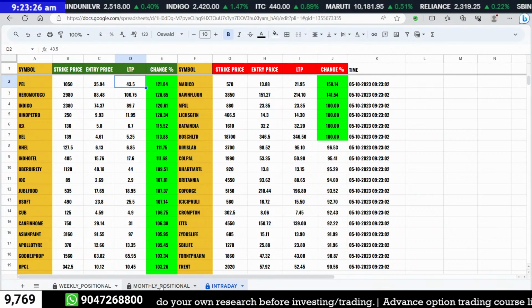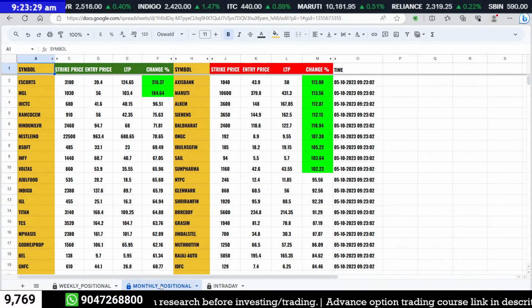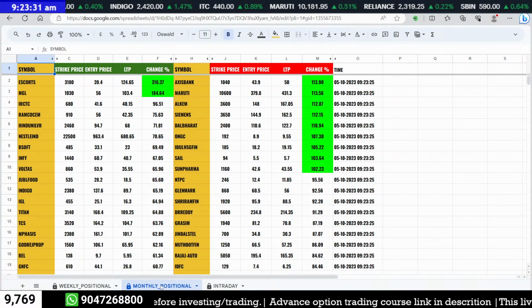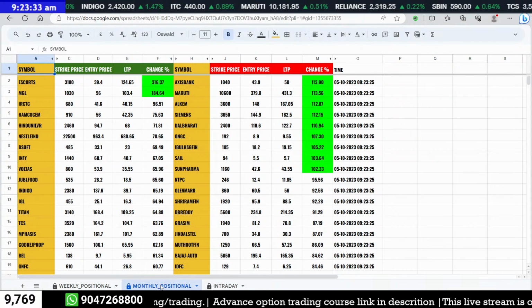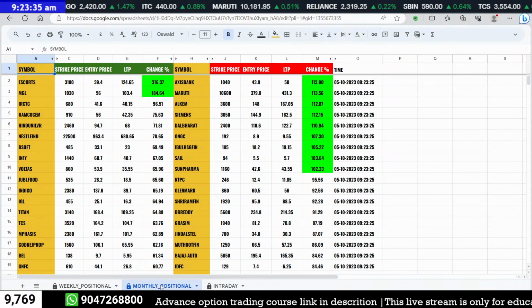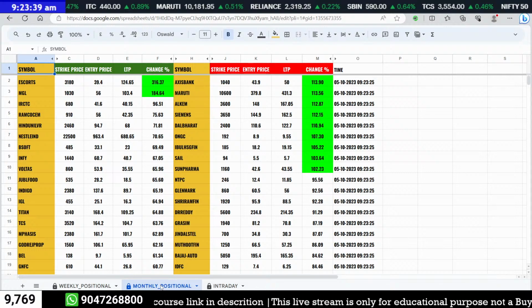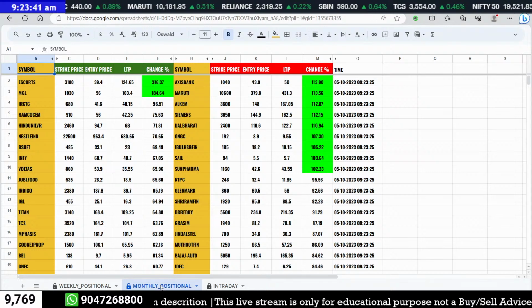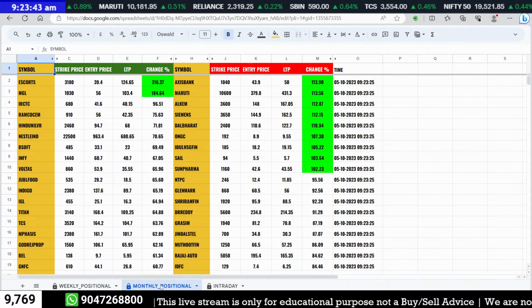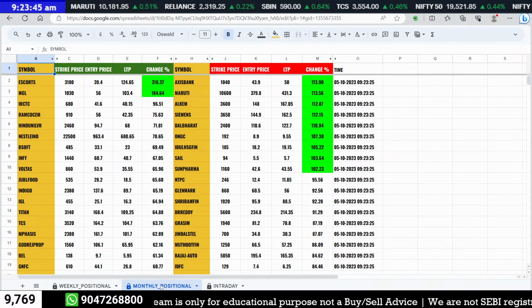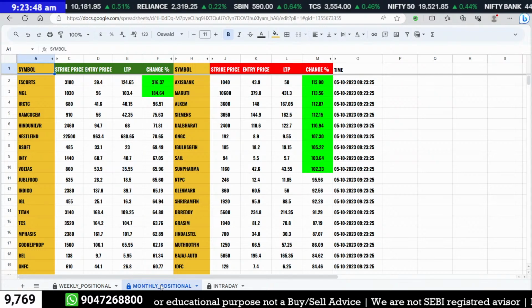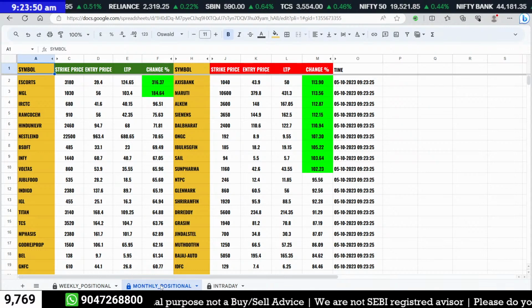Okay, so let me go to our monthly positioning. Axis Bank recently triggered and it is still at the same price. Maruti has a gap up, and Alkem Laboratories was working. Siemens on the put side. Look for IRCTC on the call side, 680 around 41.6, and wait for the breakout only after 9:30.